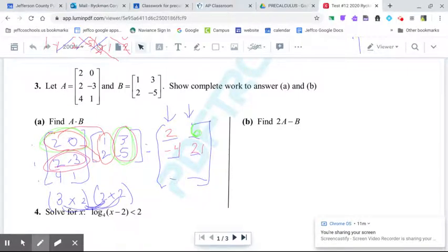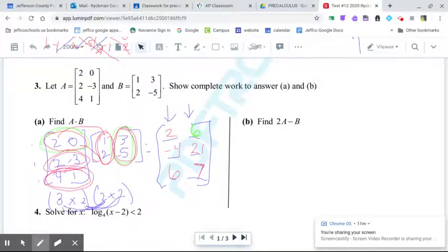And last, third row times first column. So we have 4 times 1 and 1 times 2. What's that? I hope you said 6. And 4 times 1 times the second column. 4 times 3 and 1 times negative 5 is 12 minus 5, or 7. There's your answers. That's what hopefully it looked like.